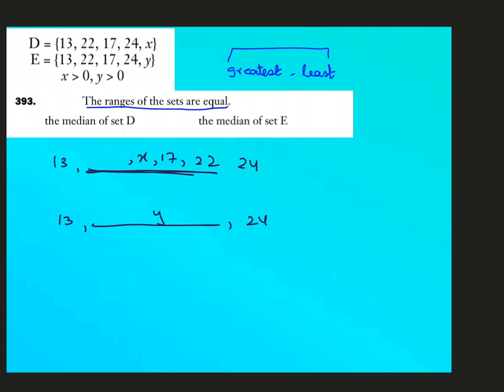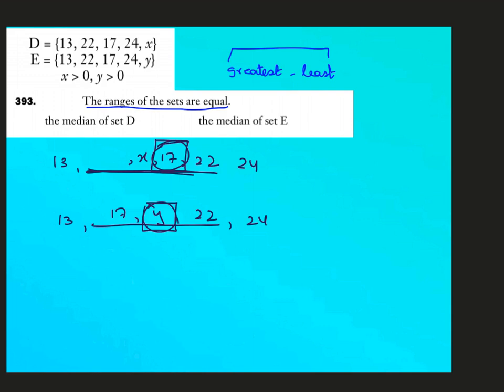And there's a possibility that x is less than 17 but y is more than 17. That's a possibility. So that would be 17, y, 22, 24. So if I find the median in this case, that's 17 compared to y, which is not equal. So I already have a contradiction to the previous one, which is one possibility. And there are many more cases like these.